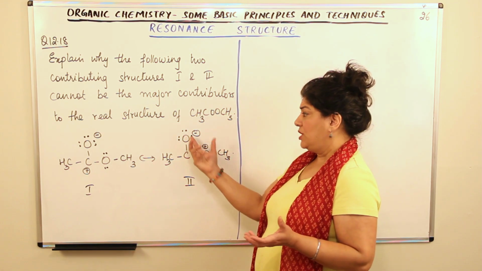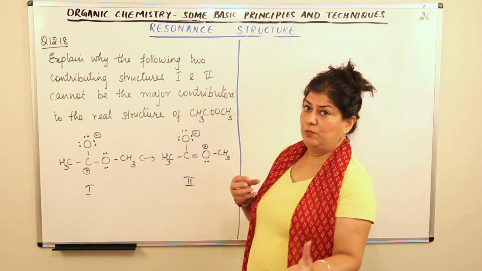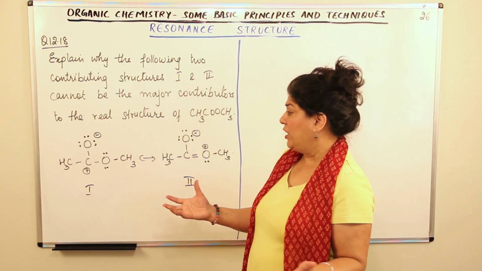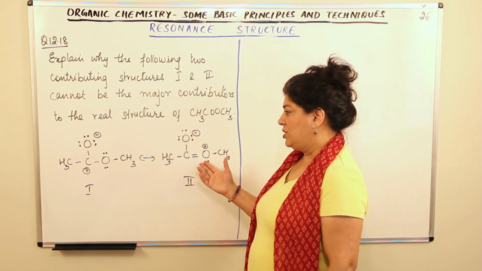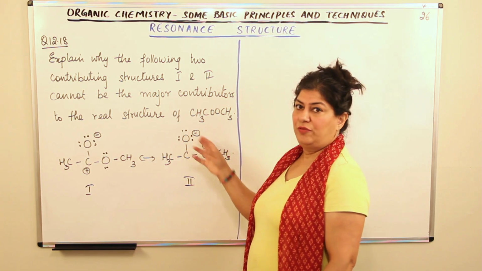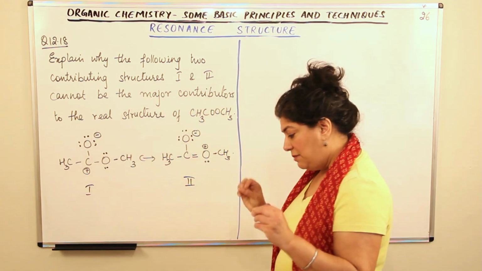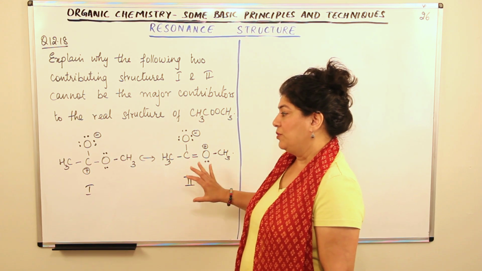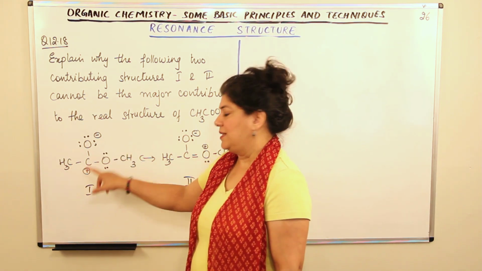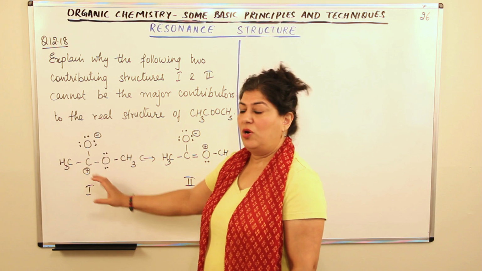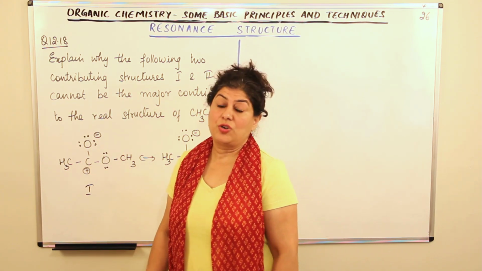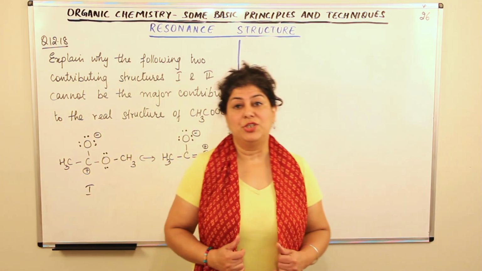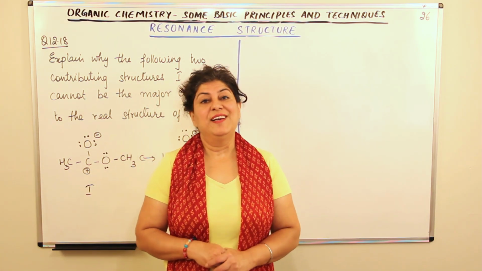There should be no charge separation in such a case, because both the oxygens, which are equal in electronegativity, are bearing opposite charges, therefore this cannot be the major contributing structure. And in the other case there is charge separation, lesser number of covalent bonds, and one of the carbons does not have its octet complete. So these were the reasons why they cannot be the major contributing structures in resonance.